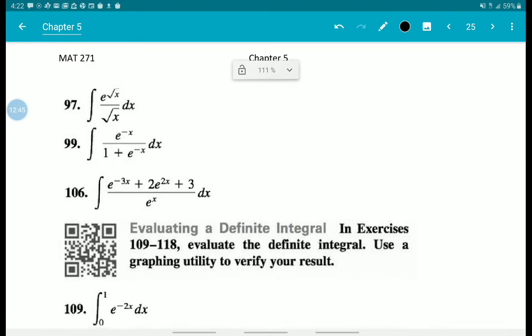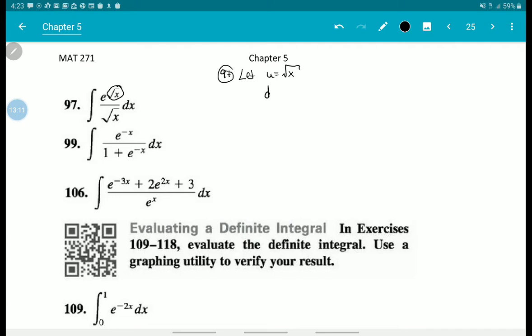Let's look at 97. So let's think about what u would be. So this is the problem right there. So let's try to let u be that. Let u be the square root of x.